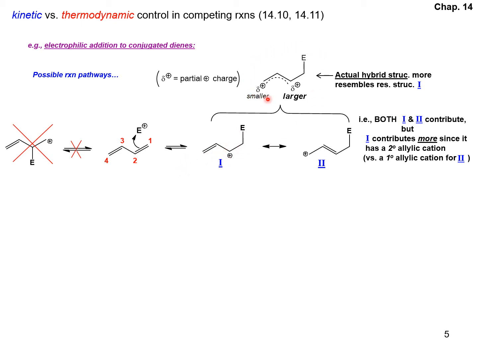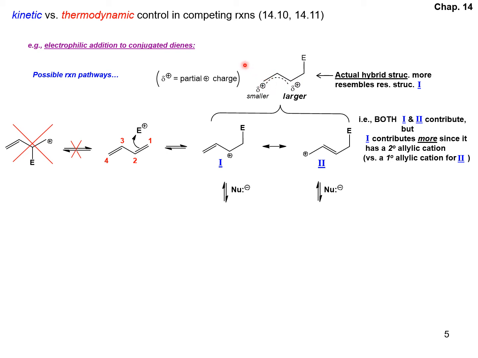It means that if we could actually look at this molecule with our eyes and see exactly where the atoms and electrons are, we would see a higher concentration of electrons around this primary carbon and a smaller concentration of electrons around this secondary carbon. That's because, as you know already, primary carbons have a much tougher time accepting a positive charge than a secondary carbon, which means that the electrons are pulled more toward the primary carbon than the secondary carbon. So there's more positive charge on this carbon than there is on that carbon.